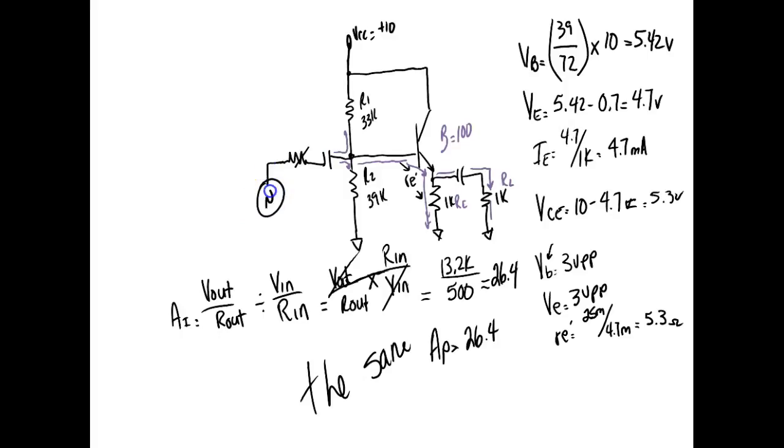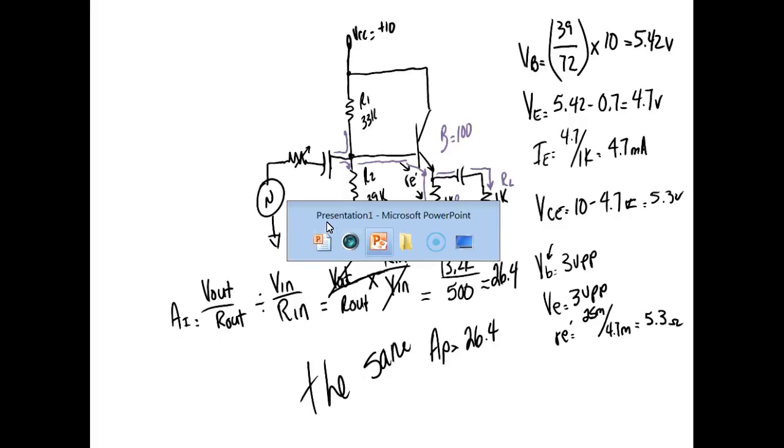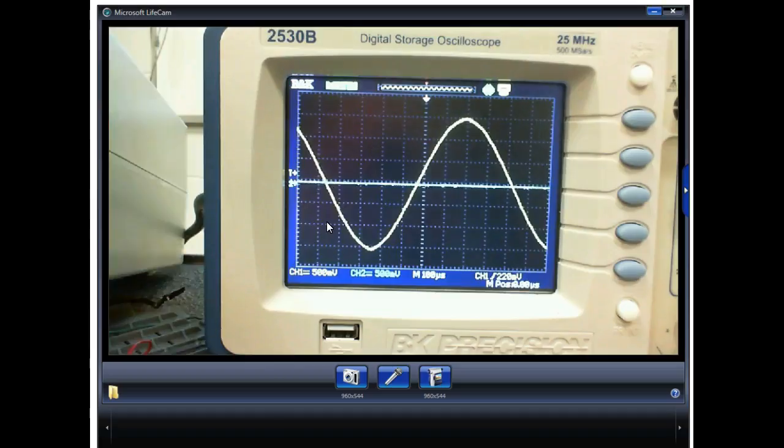And now my signal's right there. So when I put the scope back up here, I have my pot set to 0.